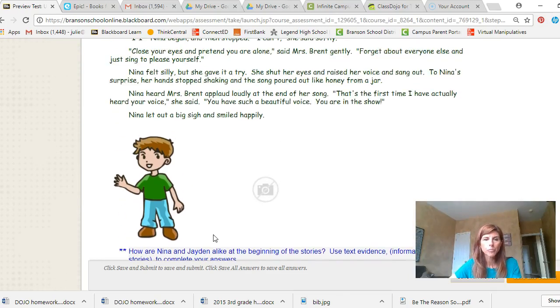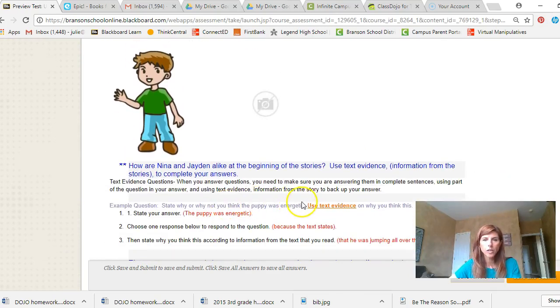All right, so we are going to go over answering questions using text evidence. Last week you made a magnifying glass, and the magnifying glass is supposed to help you remember finding text evidence.